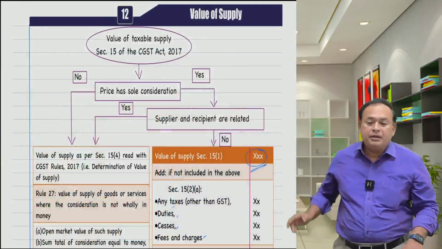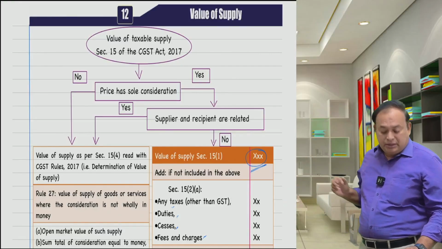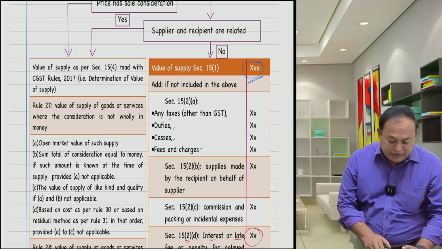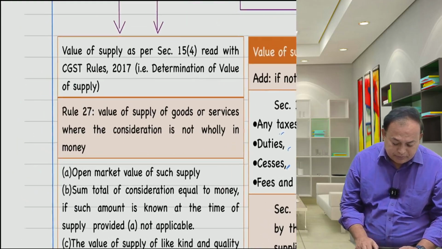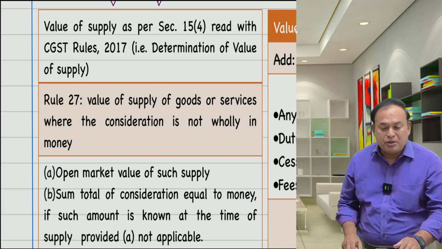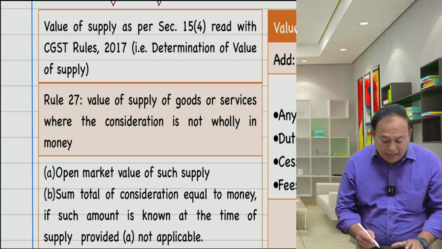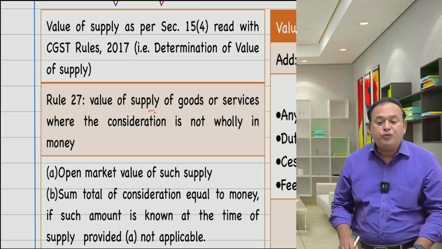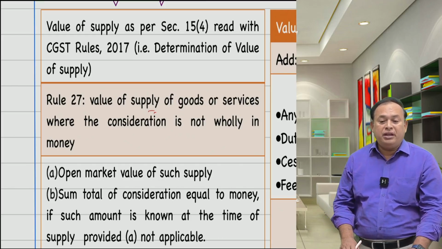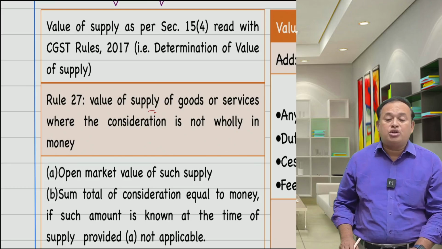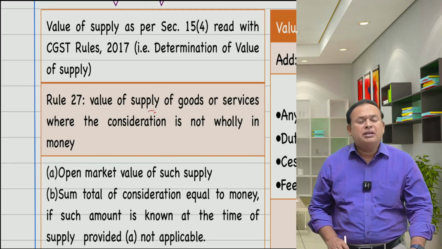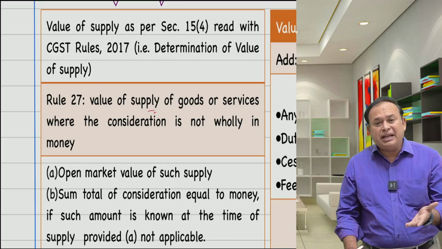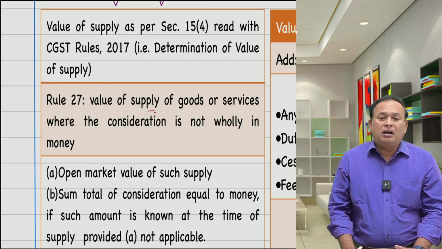Here, my dear friends, section 15.4 comes into the picture. Rule number 27 says the value of supply of goods or services where the consideration is not wholly in money. That means consideration is paid partly in cash, partly in kind.